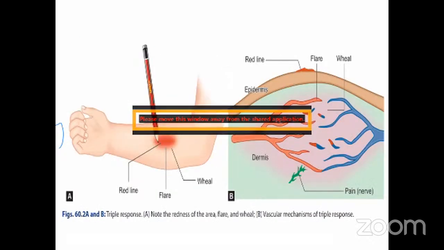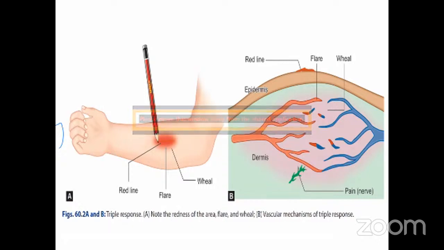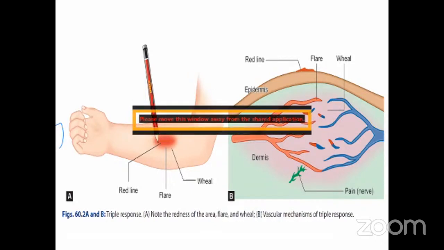So this is the triple response. Stroking with a pointed pencil, first we see the red line, second there is a wheal, and then there is a flare. Why does it occur? The red line is on the skin, in the dermis and epidermis. What happens in the dermis?